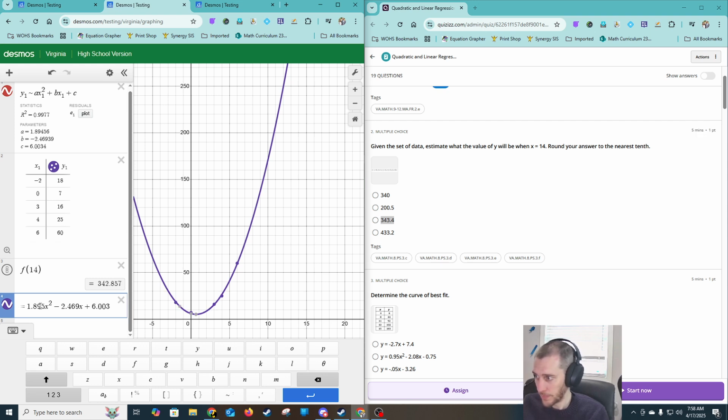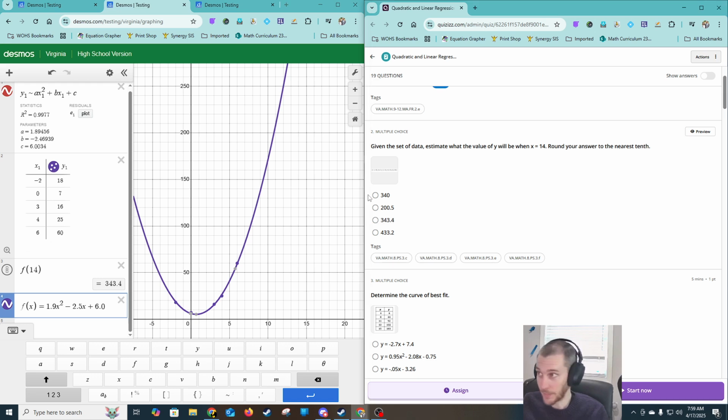They must have done a bad job rounding. Maybe they just did this as 0.9. Yeah, they just rounded to one decimal place. But either way, just pick the one that's closest. It would be this one.